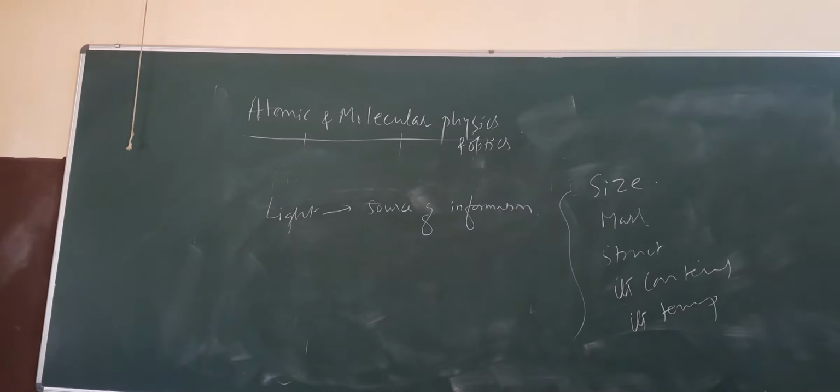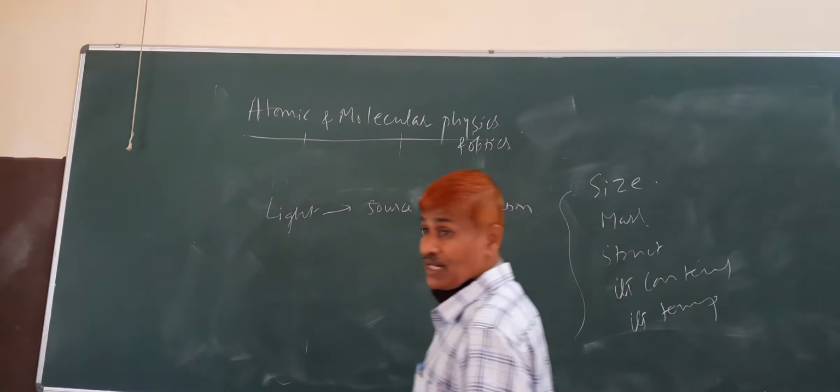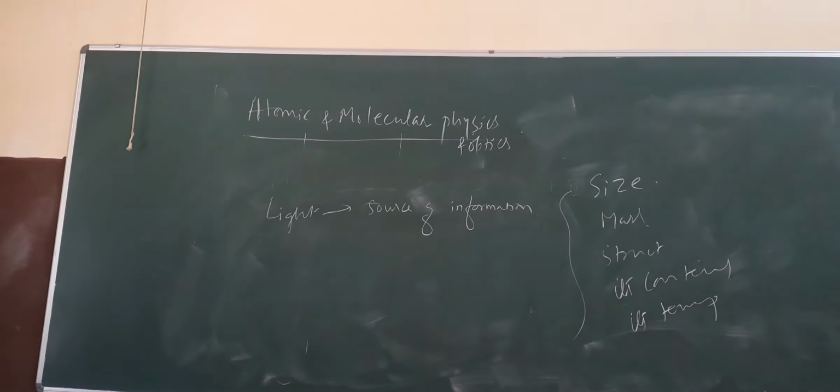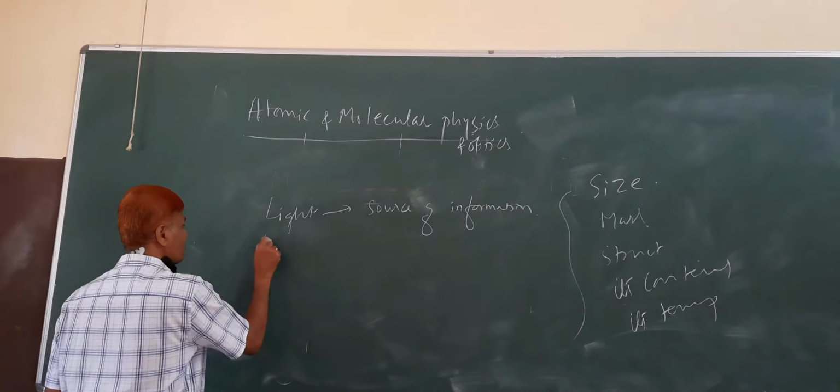Right? Note that light is not only visible light. If I am looking with your eye, then it is visible light. Your eye recognizes only a part of the electromagnetic wave. Light is an electromagnetic wave.